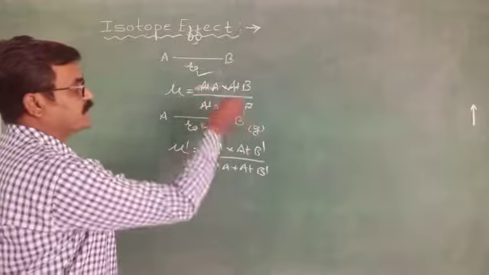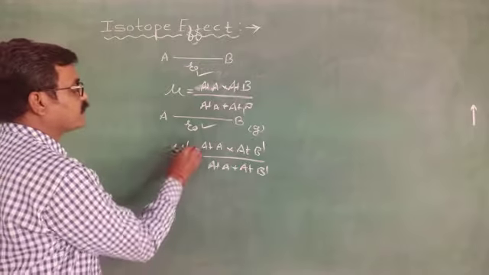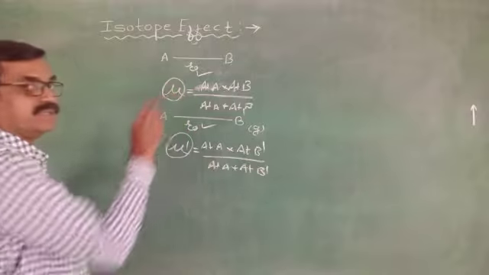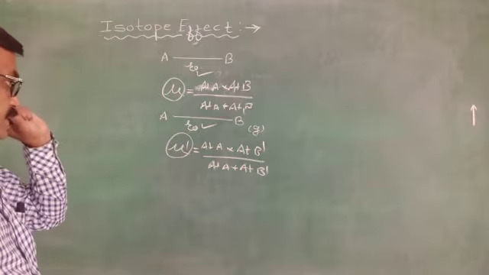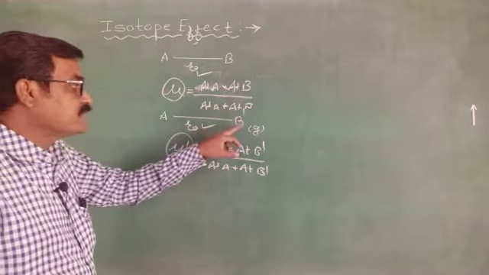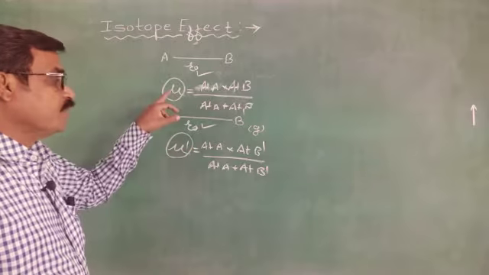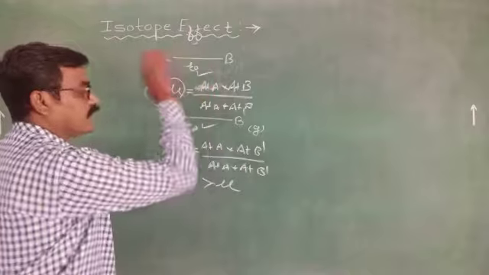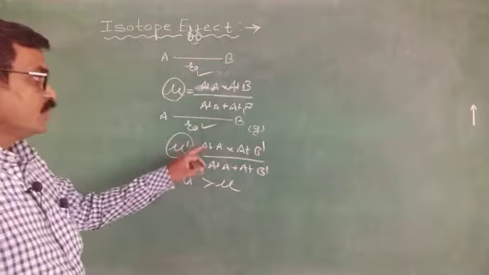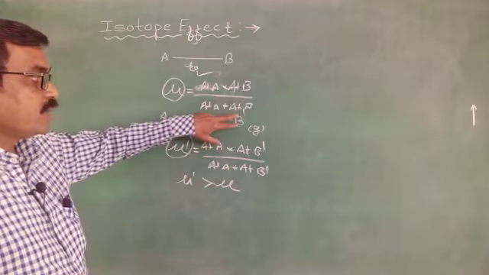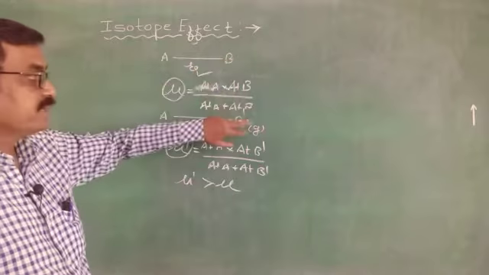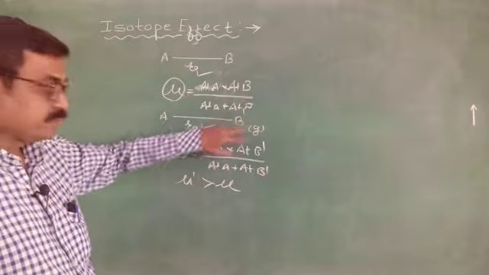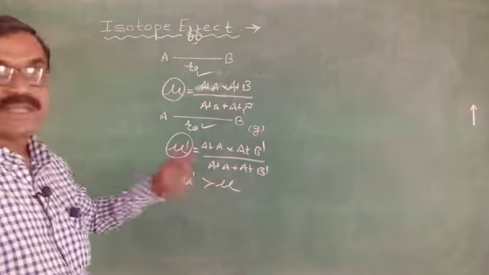From this it is clear that the reduced masses are different. Since the atomic mass of B dash is more, being an isotope, mu dash is greater than mu.